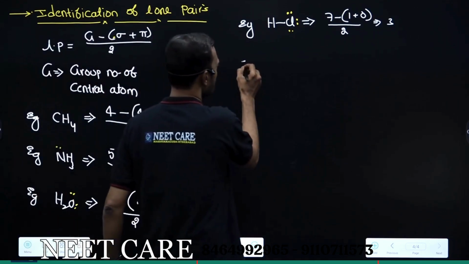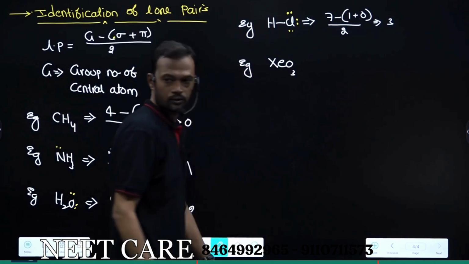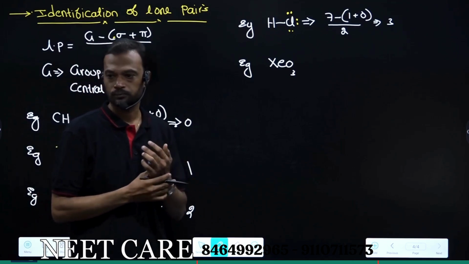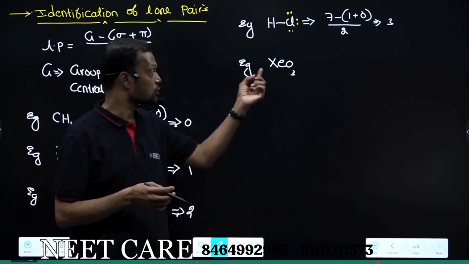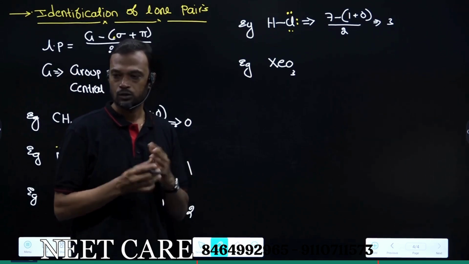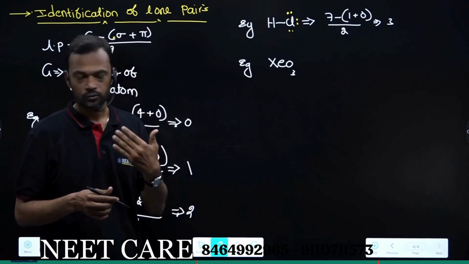Now I will give one more example. Just listen. You know xenon trioxide. Can you guess which is the central atom in this molecule? The central atom is xenon. Xenon belongs to which group? Xenon belongs to the 0 group: helium, neon, argon, krypton, 0.